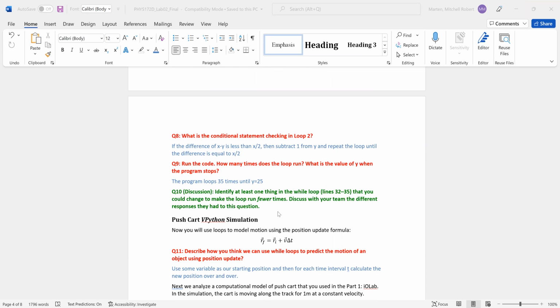So I think I said for this one, because it was like where if x minus y is less than x divided by 2, then it continues to loop. So you could just make y smaller, so that way it would loop fewer times before it ended the cycle. Or you could divide by a bigger number, like a bigger y. Once you divide by a bigger number, the loops are way less. Right, that makes sense too.